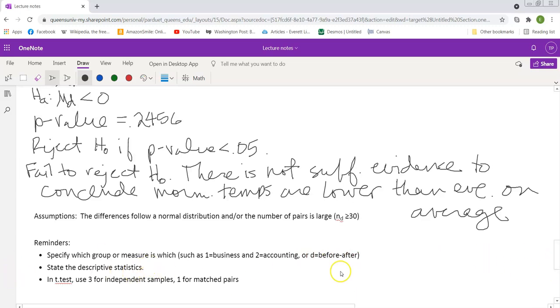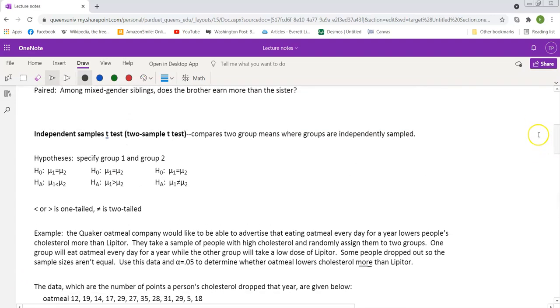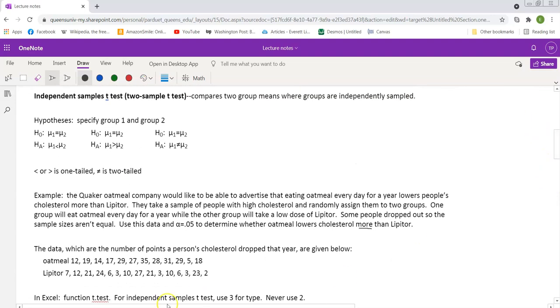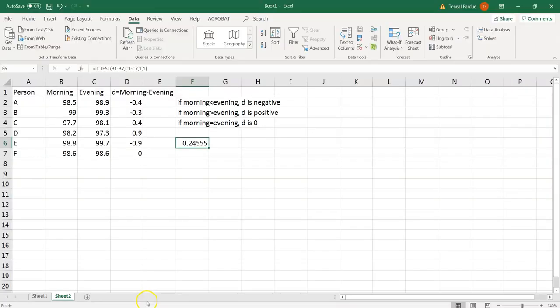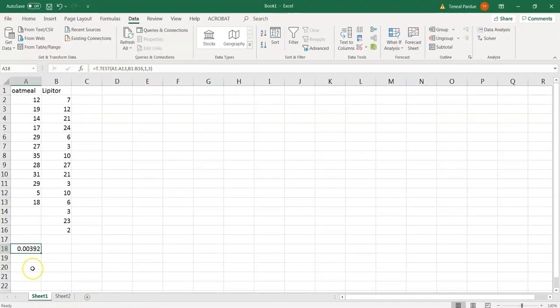I am going to be asking you to state the descriptive statistics. So on the independent samples t-test, I'm just going to ask you to compute the mean, the sample standard deviation, and the sample size.